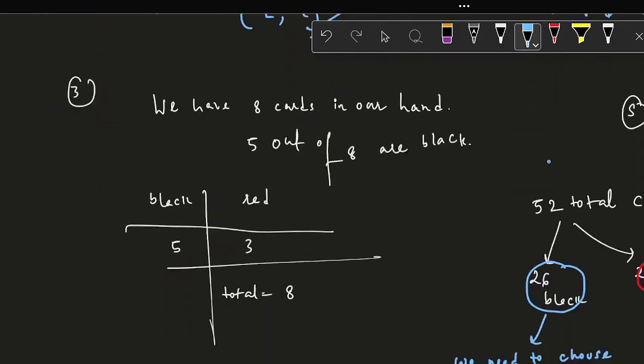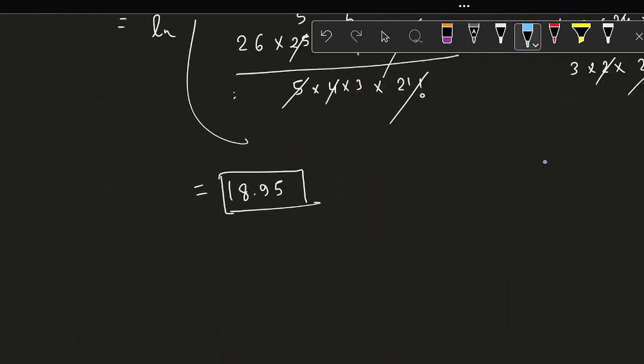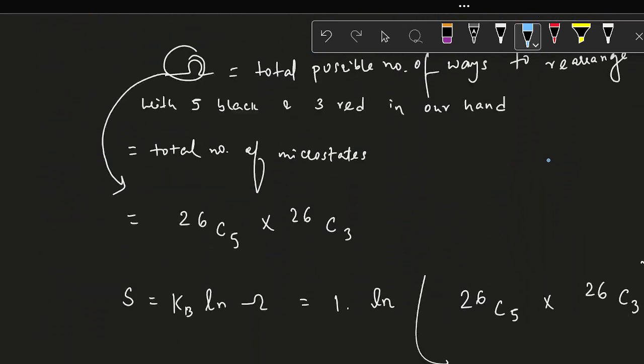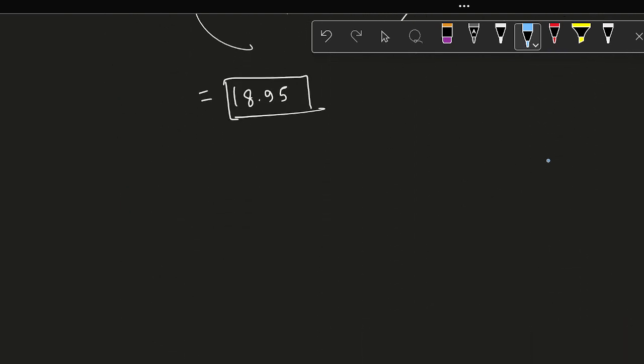Now because we have just solved question number 3, I think this type of problem will now be familiar to you, how to solve this case of cards, because this is a very common problem in statmech. They give you these kinds of problems to calculate the entropy or the number of ways you can rearrange. So this is a very standard formula that we apply to all of that. Just as we did in question number 3, we'll also do the same for question number 4.